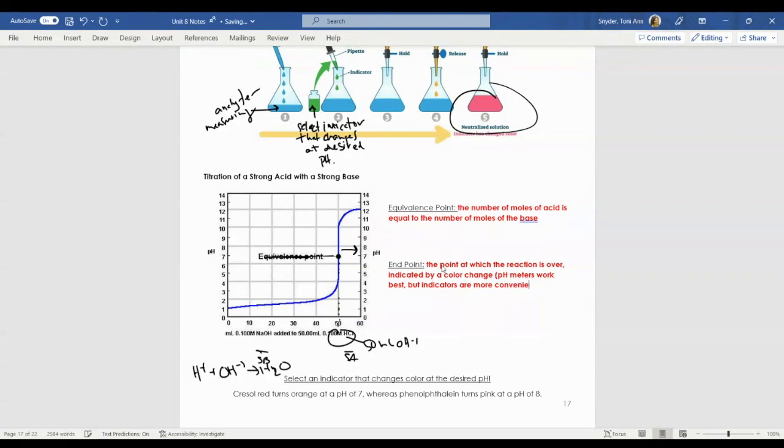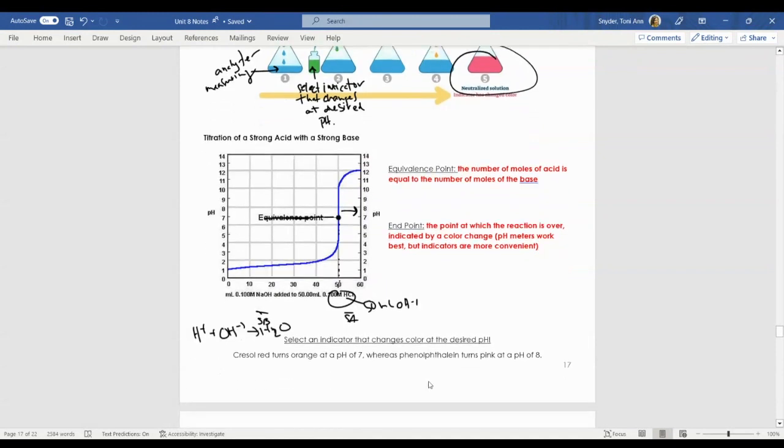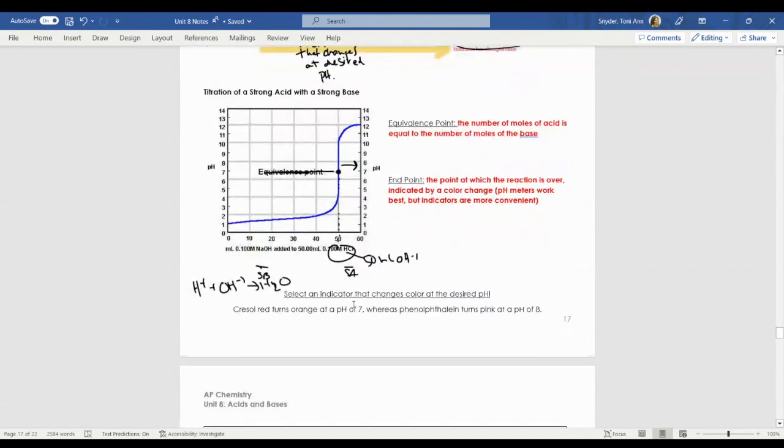I have a ton of indicators in the back, and these will typically signal when we've reached the end point of a titration. So it's when the reaction is totally over. So you always want to choose an indicator that changes color at the desired pH. So it says down here, when we're doing a titration, we typically use phenolphthalein, and that's because we are titrating with either a strong acid and a strong base, or usually a weak acid with a strong base.